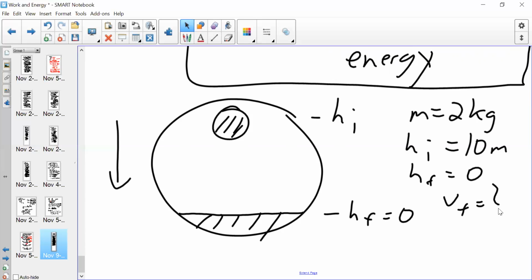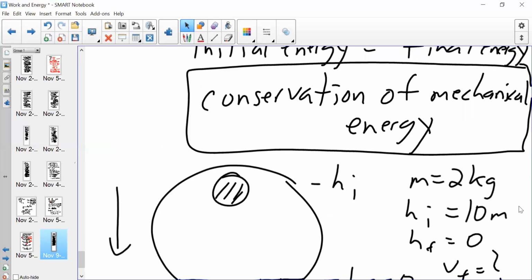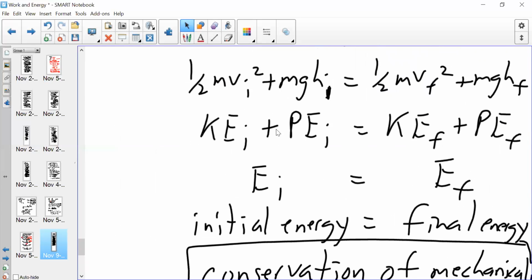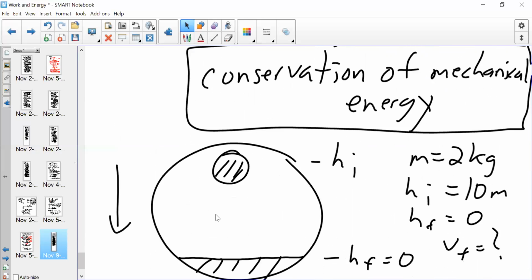Okay. Maybe there's a question here. Now, the initial energy in the system is made up of both types or one type? What kind of energy is at the top here? Is it potential energy or kinetic energy, before it falls?